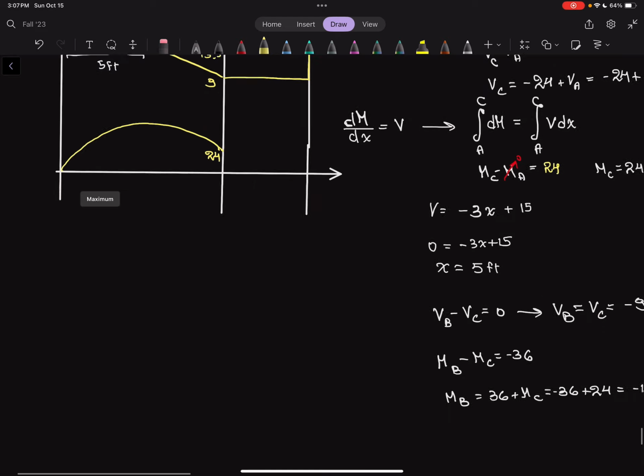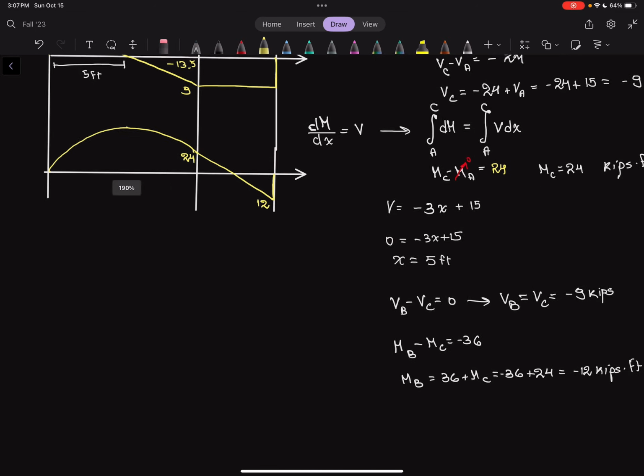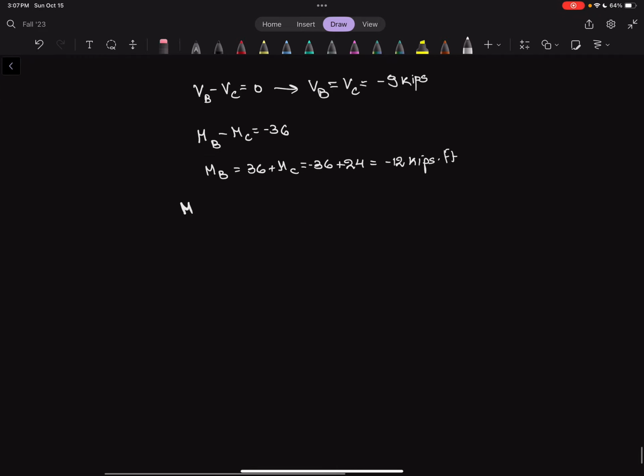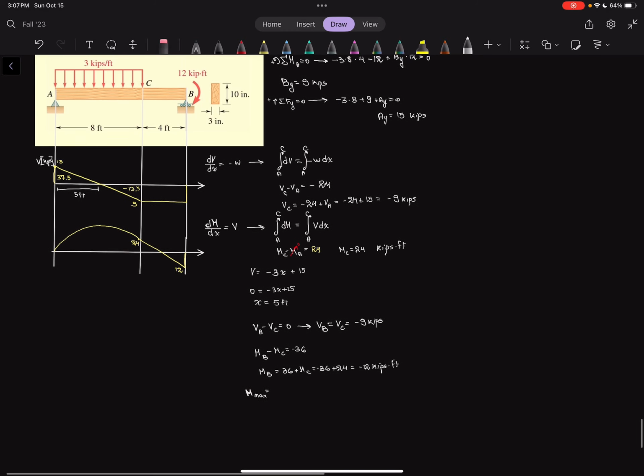And so now they want to know, what is the max? Well, we know that it happens at 5 feet. So now we can say M max is going to be equal to, and we need to have the equation again.